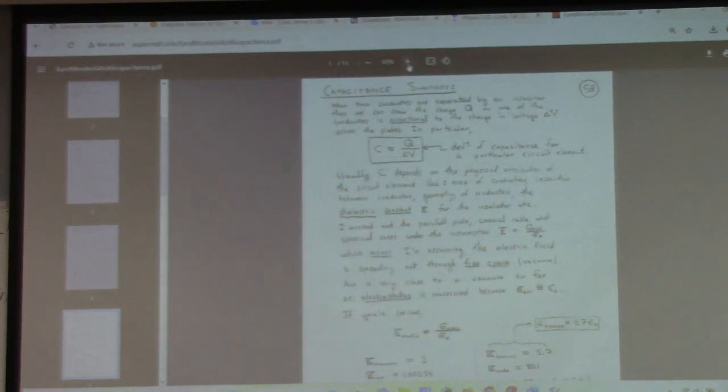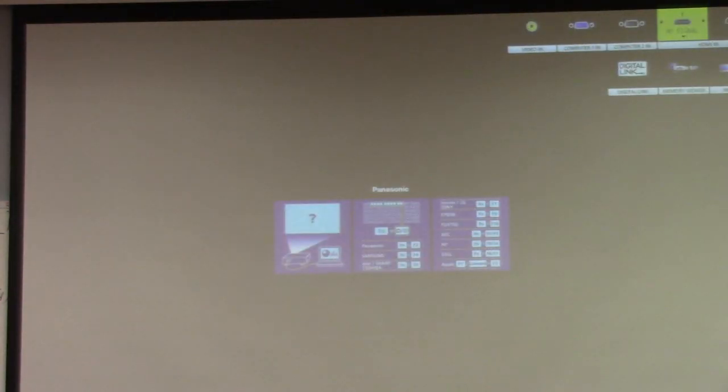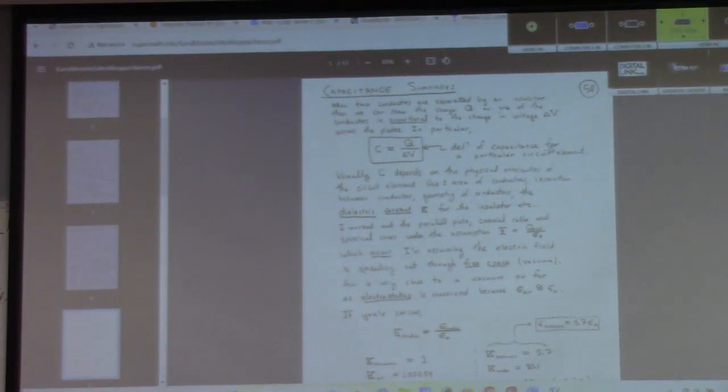F11? I think just F11. Oops. Well, that did something. Oh, that makes my computer sleep. It's Alt F4.